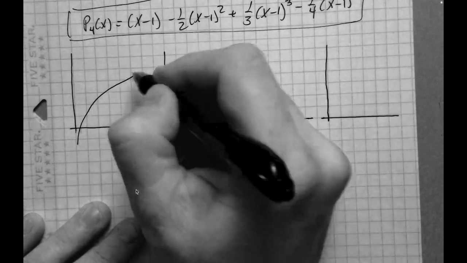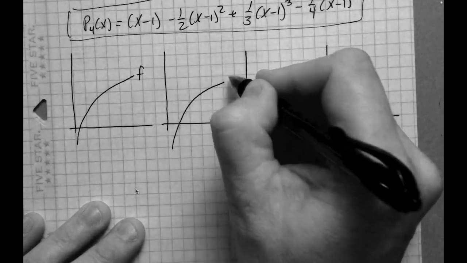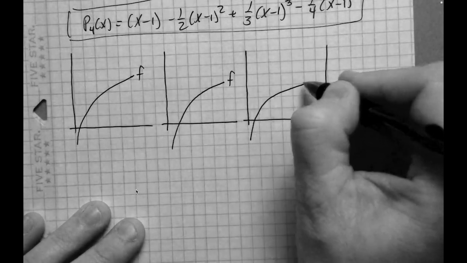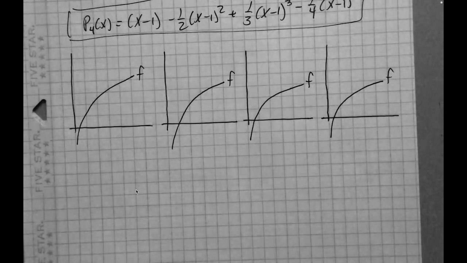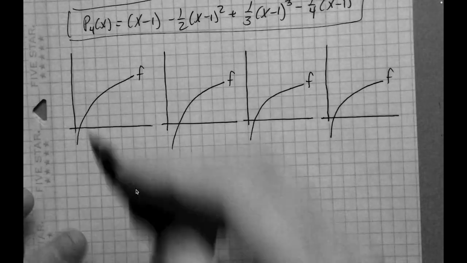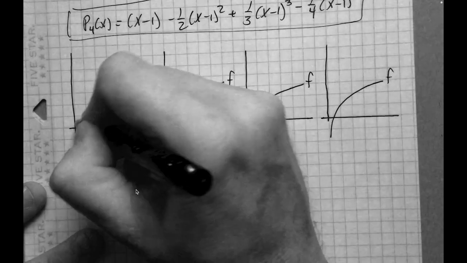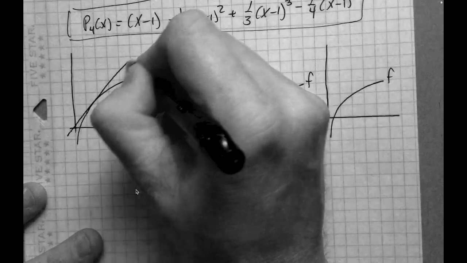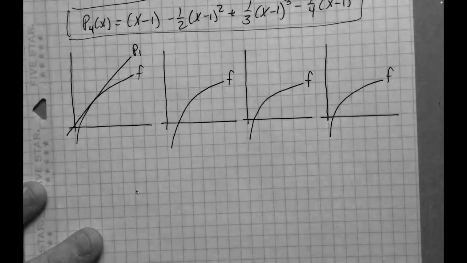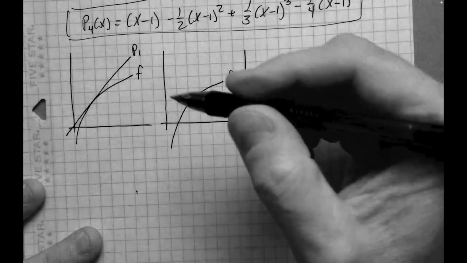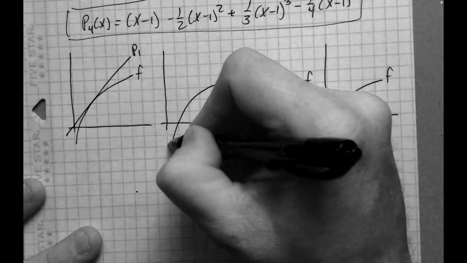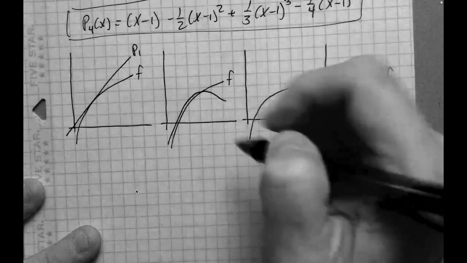So in each case, f maybe looks something like this. I think it looks pretty similar to this. Now in the first case, we had P1, which was linear, and it just went like this. Now in the second case, we had P2, and it's going to come up and then come down, right?